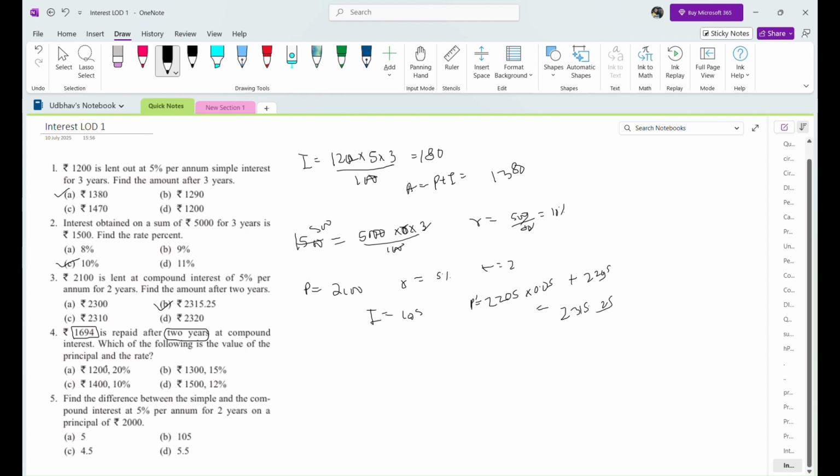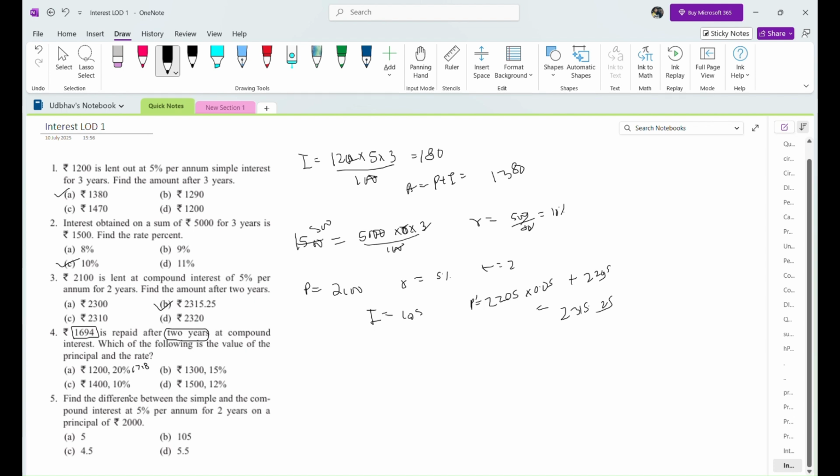So that will give us an amount of 1728. So that's not 1694. So 1200 at 20% is giving an amount more than that. So we are going to look for a lesser rate, maybe option number B or option number C. Let's try option number C.